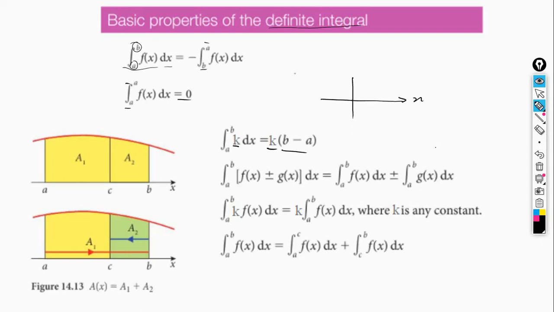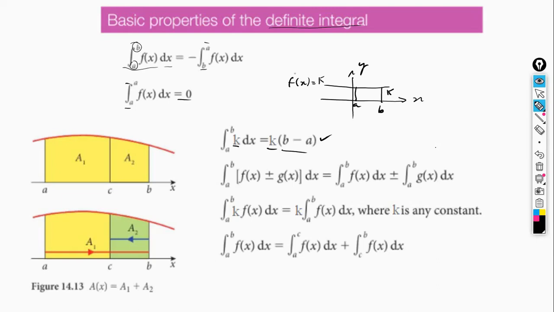So if this is the x-axis and this is the y-axis, and you have some constant k, so this is f of x equals k, then if you want to find the area under the curve between a and b, this is obviously simply going to be k, which is the height, times the distance between a and b, which is simply b minus a. So this is just simply finding the area of a rectangle.